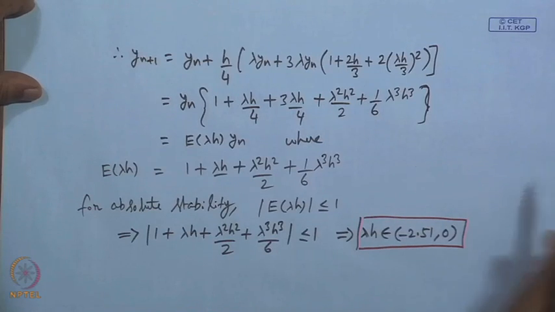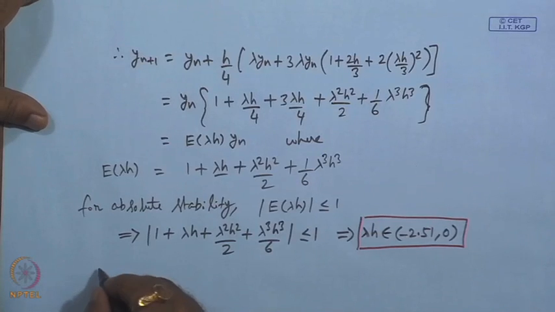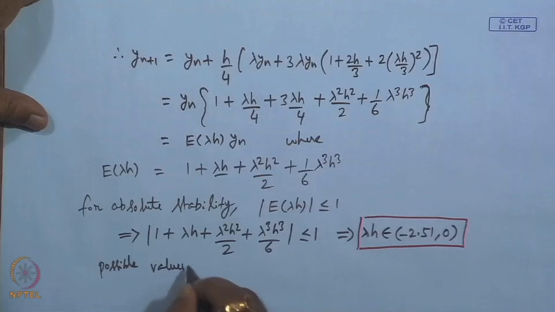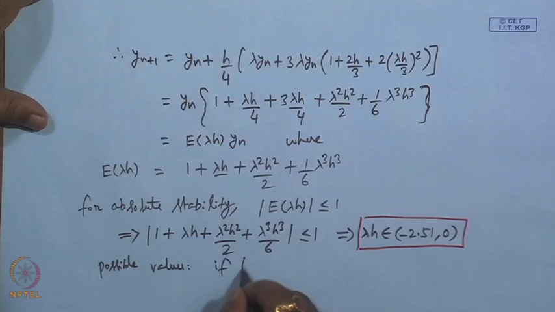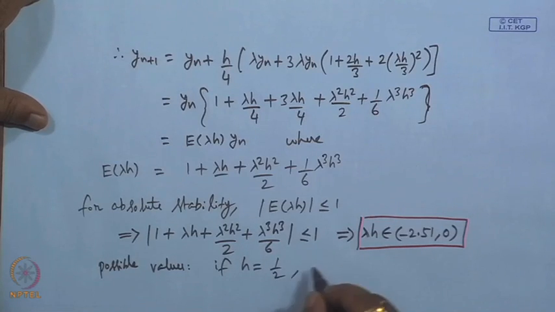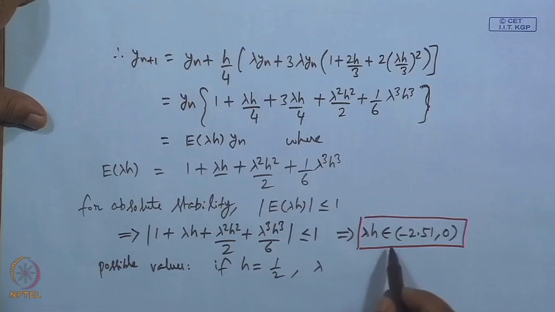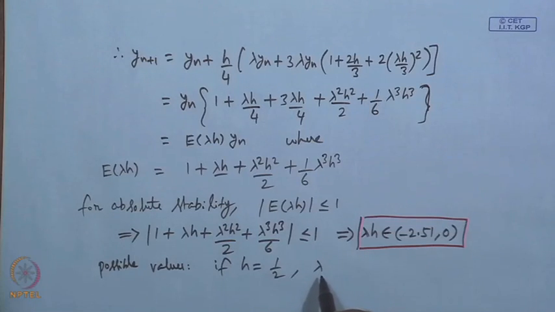For example, h is of course always positive. So, if lambda is positive, then lambda h is positive, and if it is beyond this interval, then it is not an admissible value.